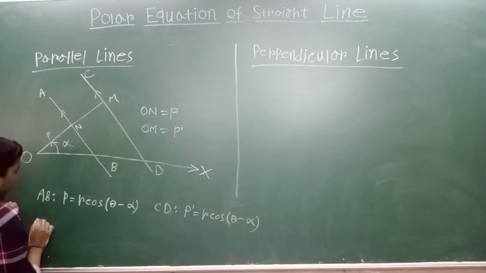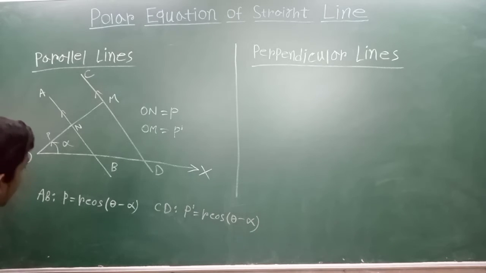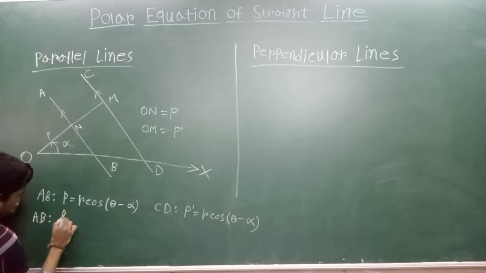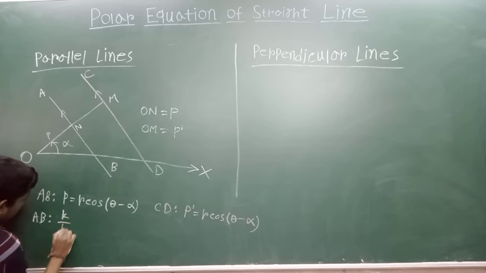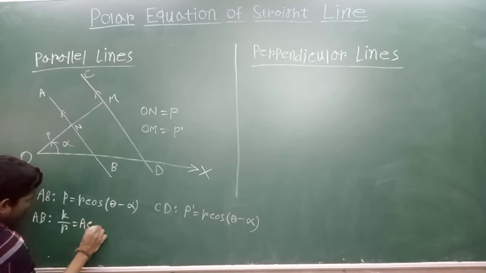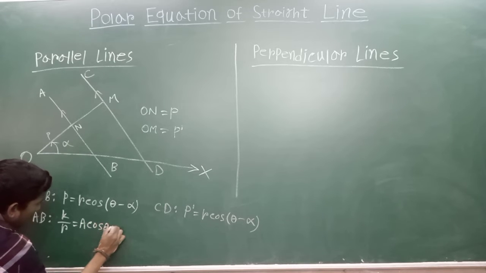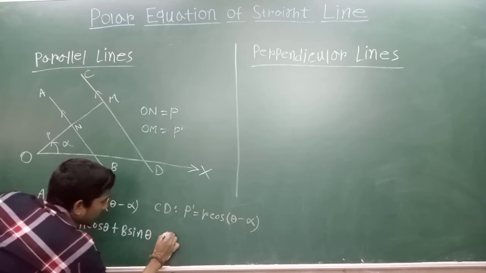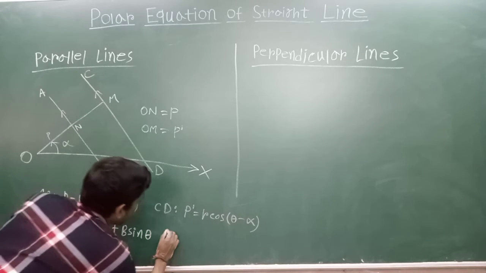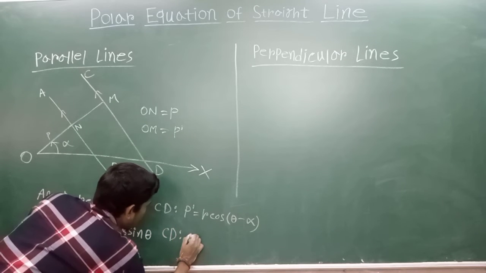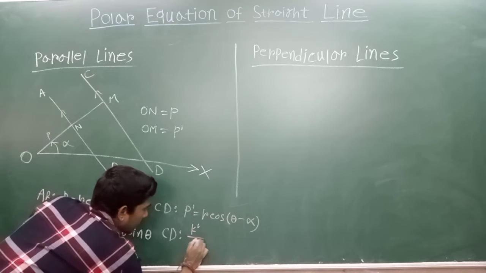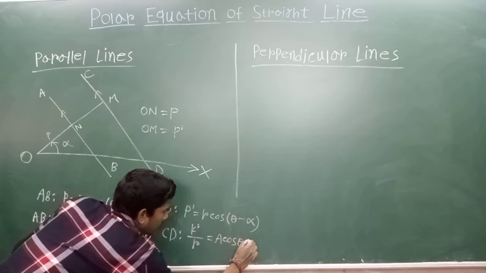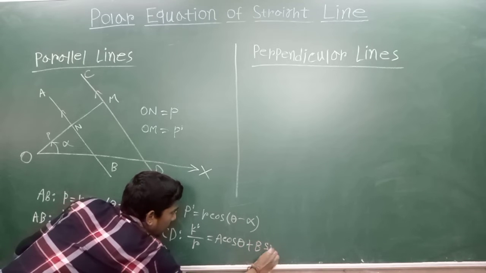Okay, so if we want to write its general form, if the general form of AB is k/r = A cos theta + B sin theta, then the general form of CD will be k dash/r = A cos theta + B sin theta.